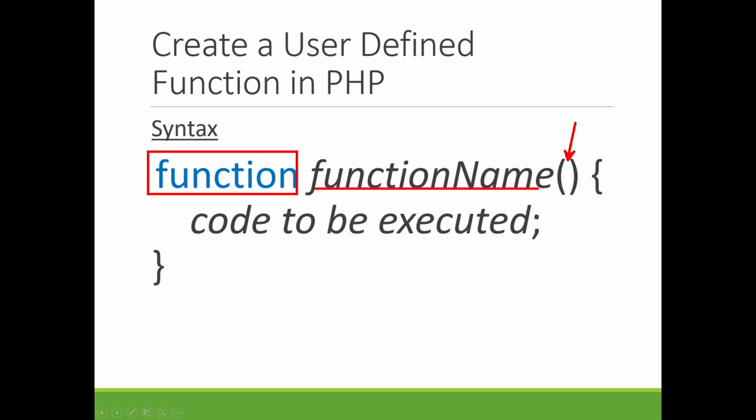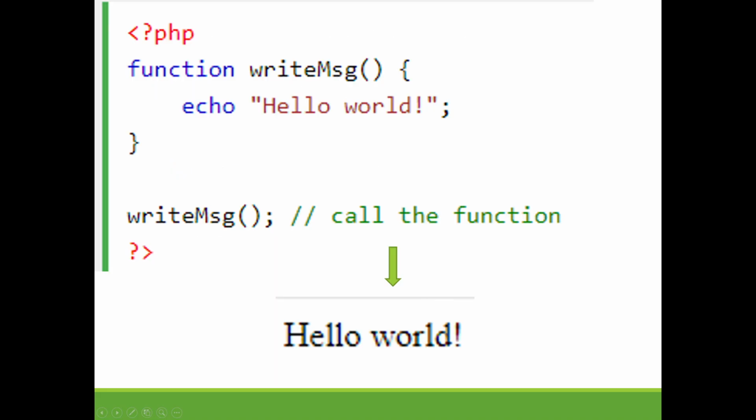These are called the parameter list. We're going to see how to use them. Then the opening curly bracket and the closing curly bracket depict the beginning and the end of the function. Within this, we have either one statement or multiple statements that we want to be executed, and this function is going to be called to perform that particular task.